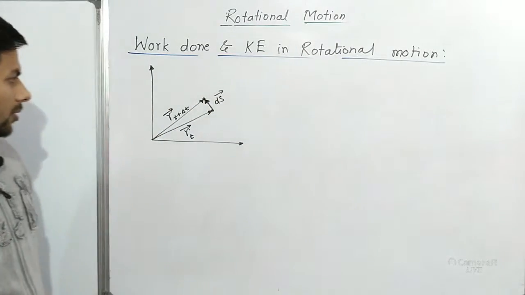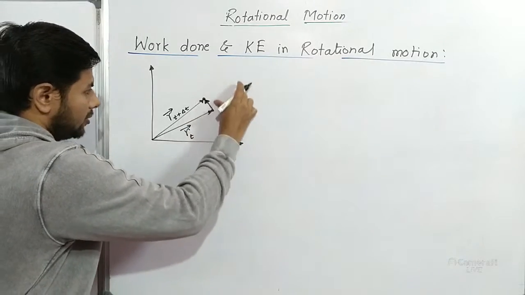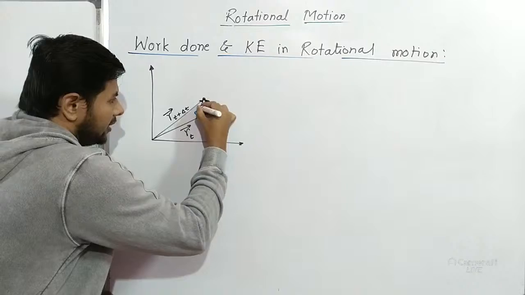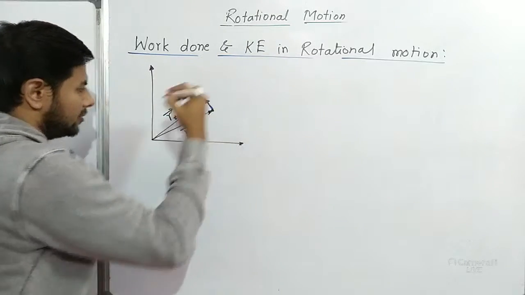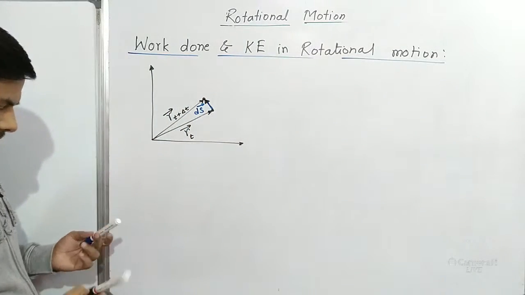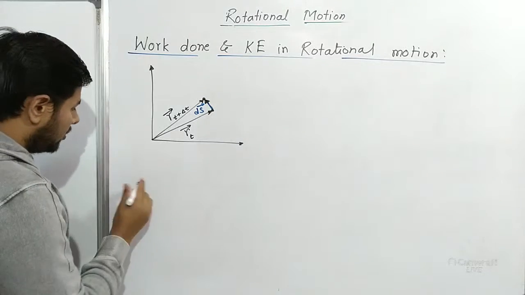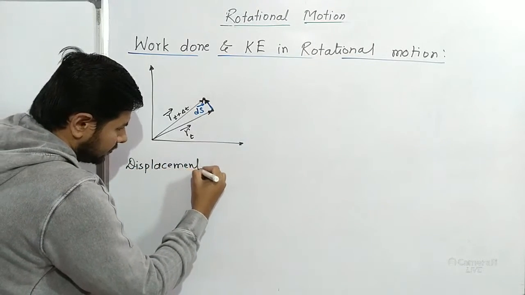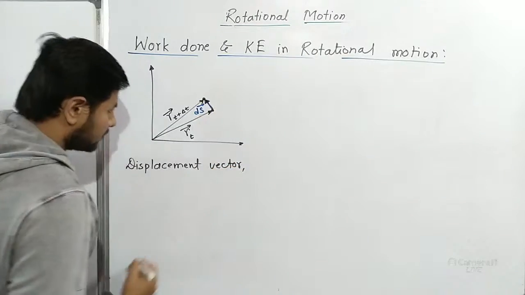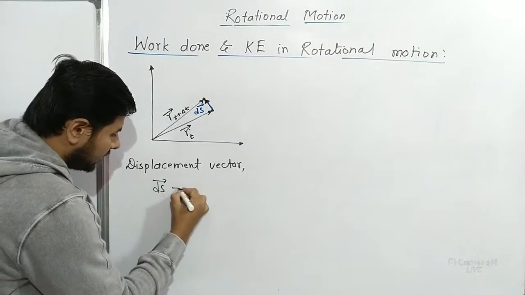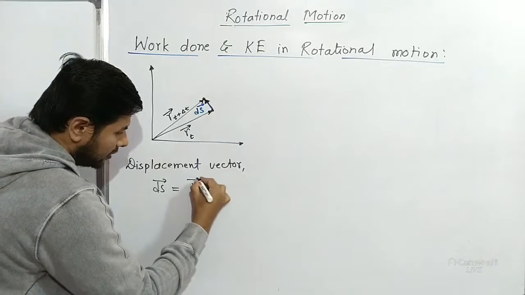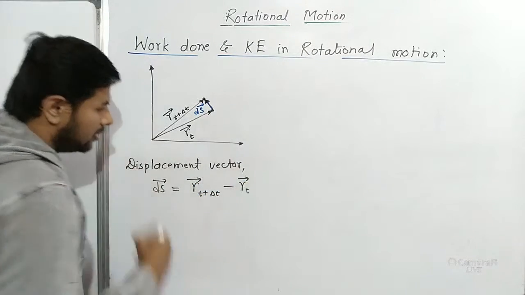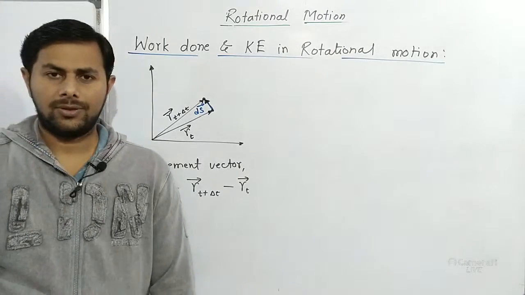The displacement vector ds bar can be written as r bar at t plus delta t minus r bar at time t.